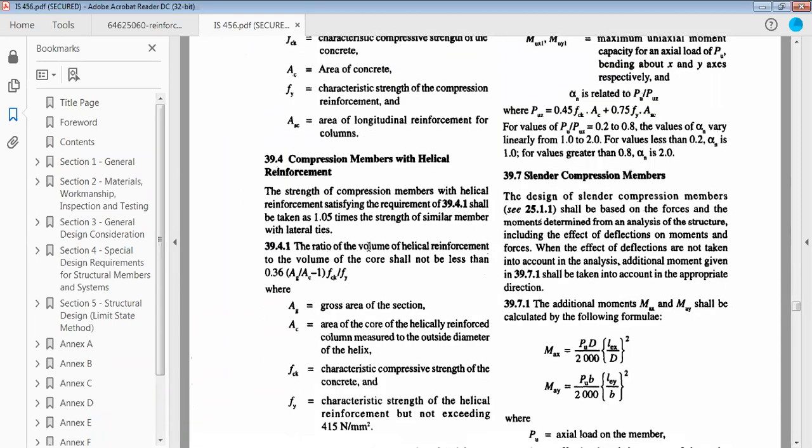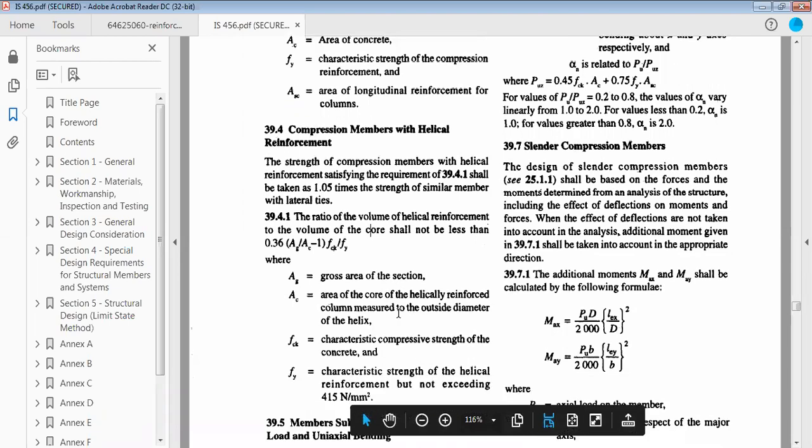There is no other difference in the design of helical reinforcement from lateral ties other than this: you have to obtain the ratio of the volume of the helical reinforcement to the volume of the core. This is known as the volumetric ratio.